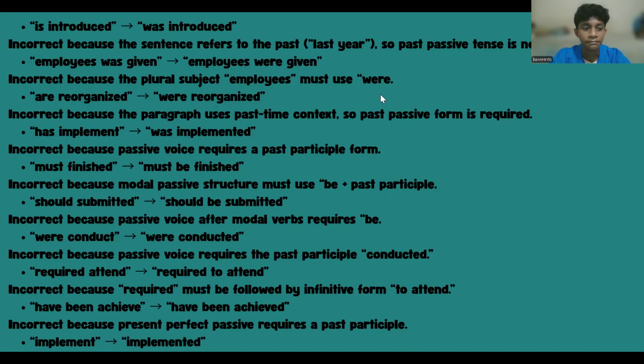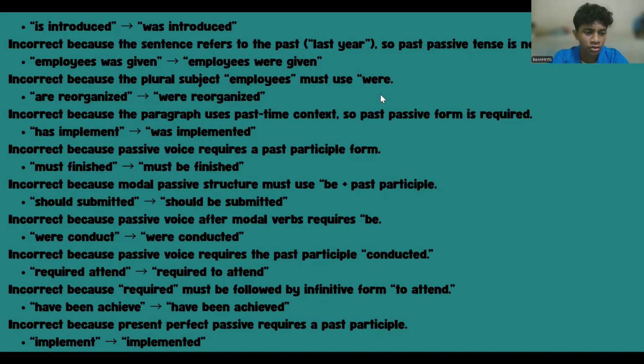"Must finished" to "must be finished," incorrect because modal passive structure must use be plus past participle. "Should submitted" to "should be submitted," incorrect because passive voice after a modal verb requires be.